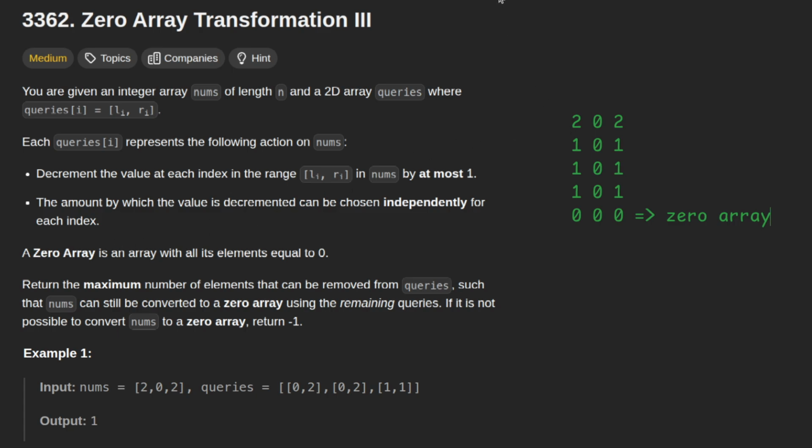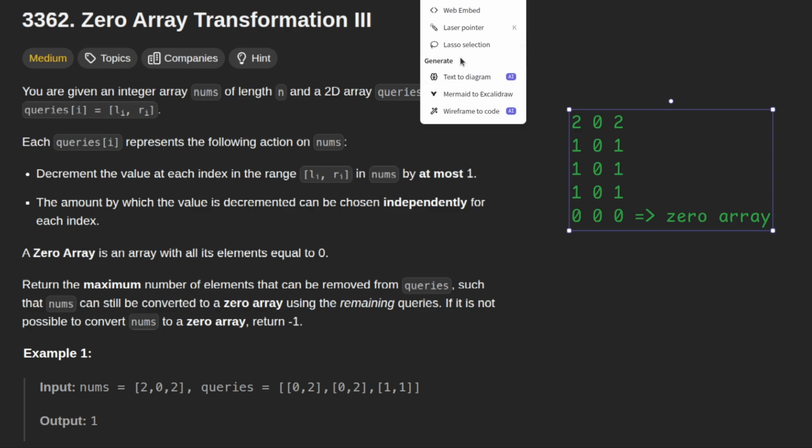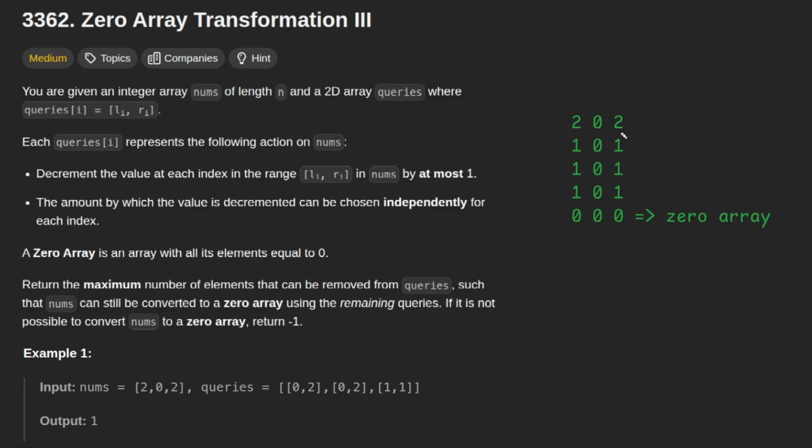That means it is not necessary that all of them should be 1 or all of them should be 0. We can choose anything that we wish between 0 and 1. That's what this line says.